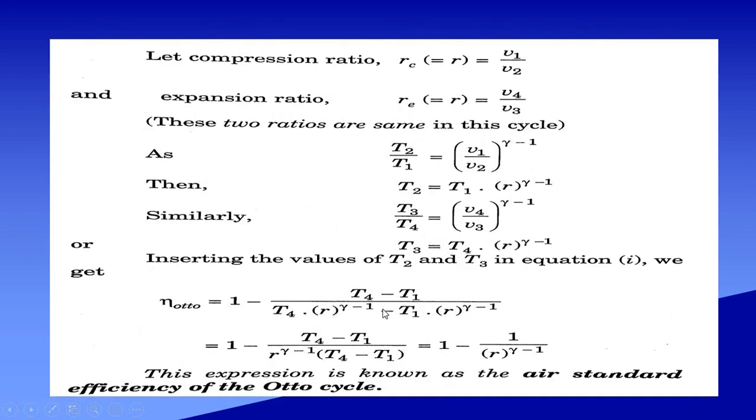So you get T3 and T2 in terms of T1 and T4, and you have to simplify this equation. Take T4 and T1 commonly out of this term.